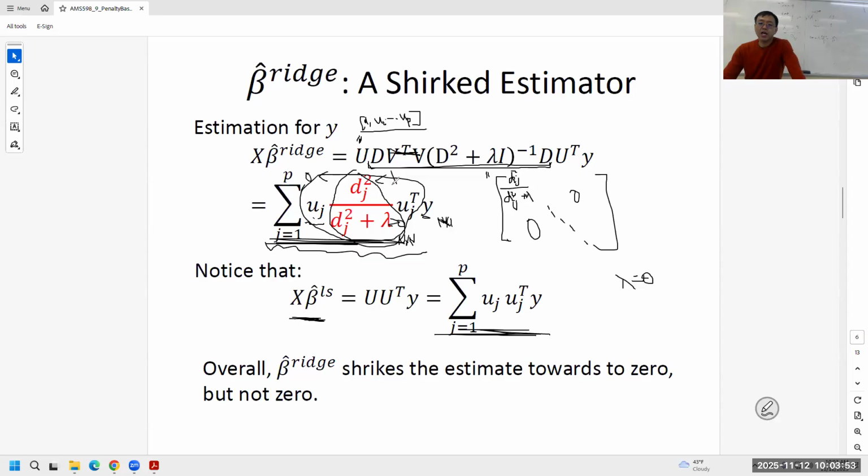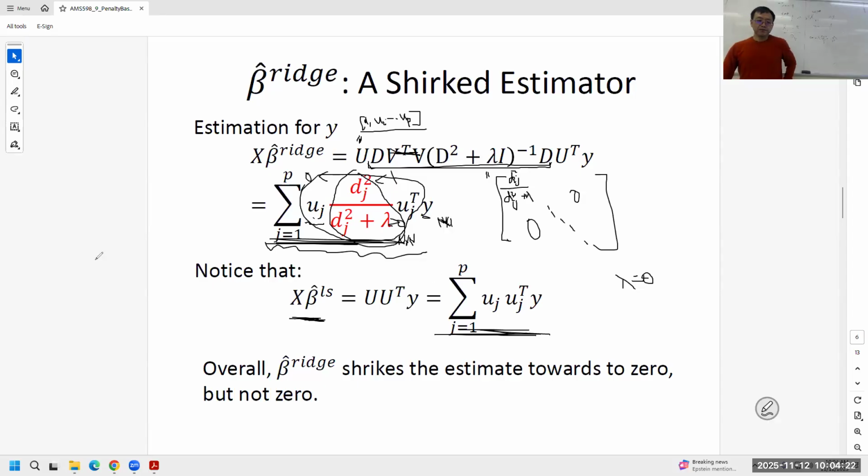So that's why the ridge beta shrinks the estimation toward 0, but not to 0. Because this shrinkage factor is between 0 and 1, you make it smaller, but it cannot be 0, because this shrinkage factor is not exactly 0. If it were exactly 0, it would make it 0.